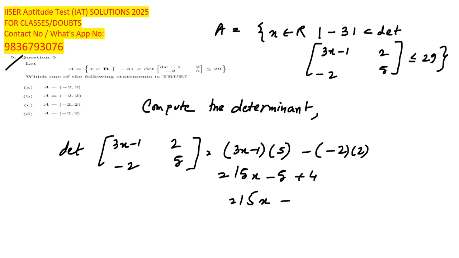So 15x minus 1. So we will use the inequality what we are told, minus 31 less than 15x minus 1 less than 29. So if we solve the inequality, what is the left hand side being given?